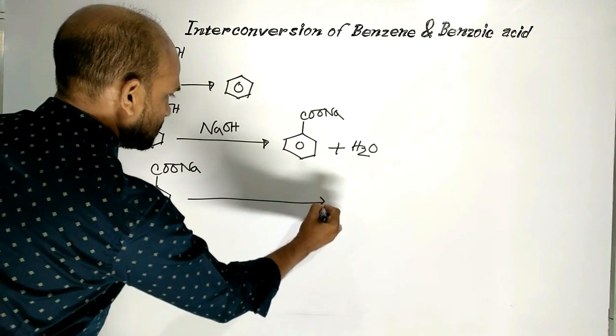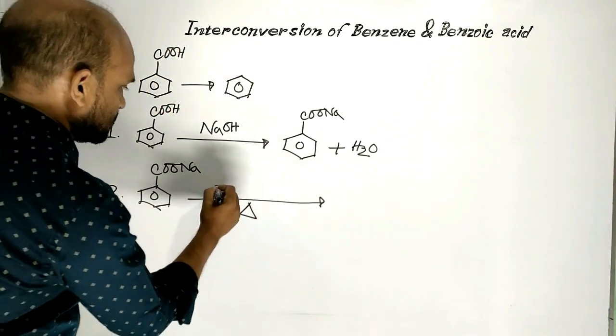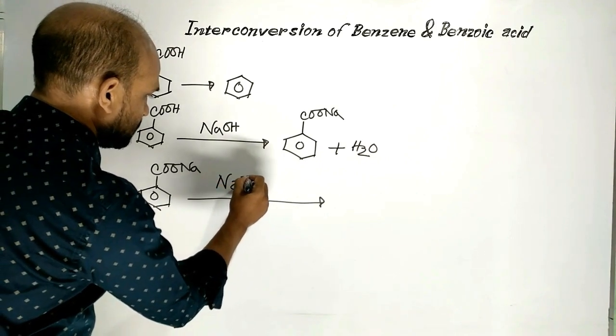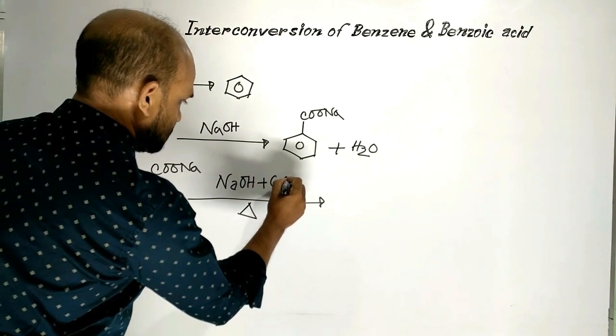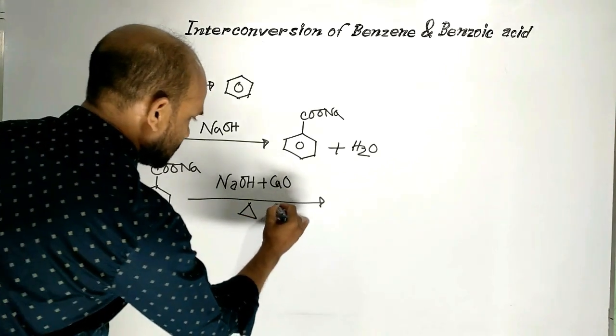Sodium benzoate is heated in presence of soda lime. Soda lime is a mixture of sodium hydroxide and calcium oxide. Then sodium benzoate undergoes decarboxylation.